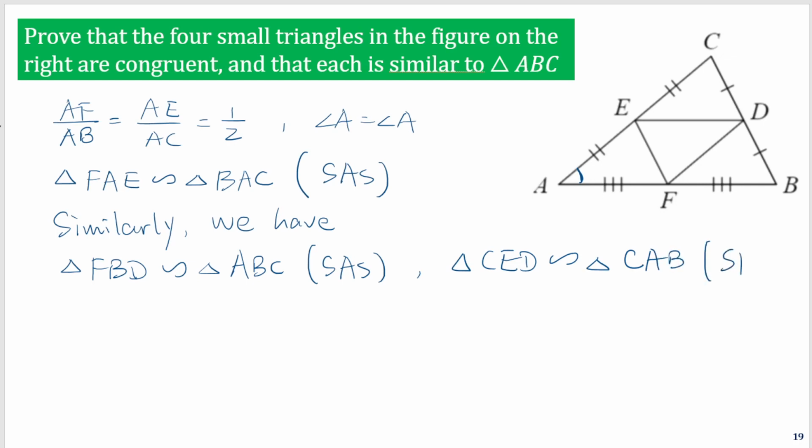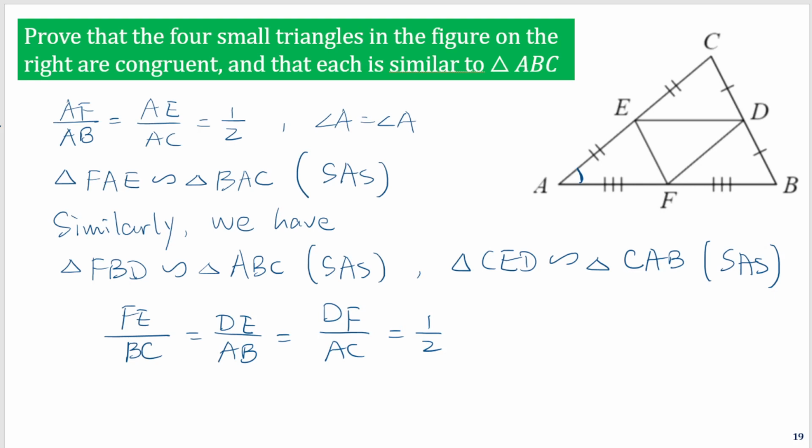Again, this is by SAS. And of course, since each of the small triangles above has side lengths that are 1/2 of triangle ABC, we have FE over BC equals DE over AB, which equals DF over AC, which gives us 1 over 2, right?